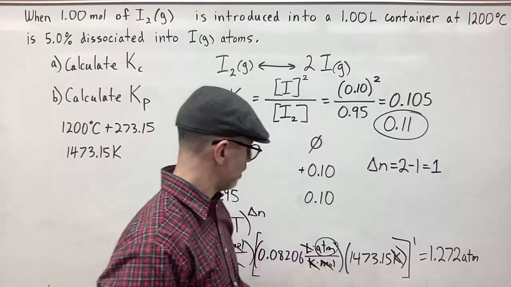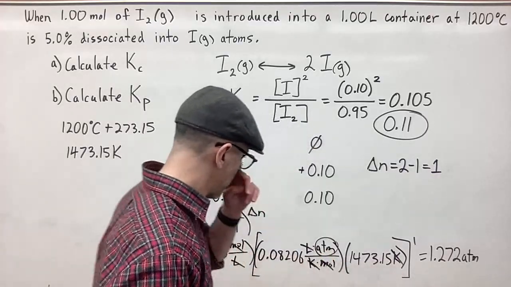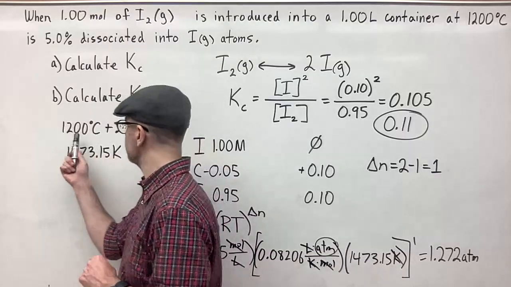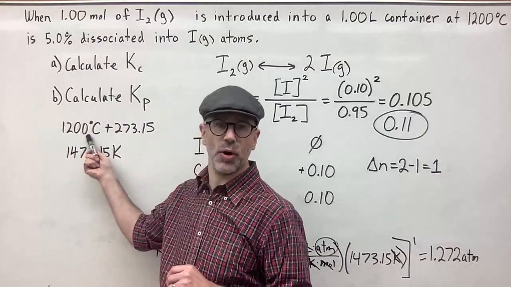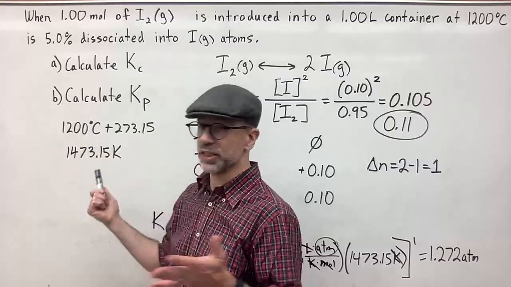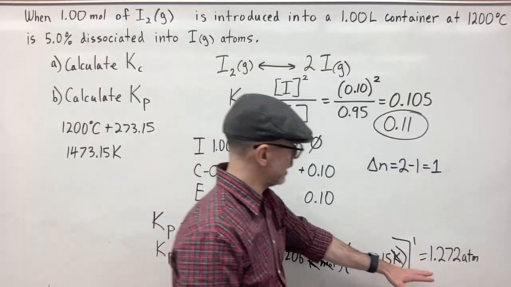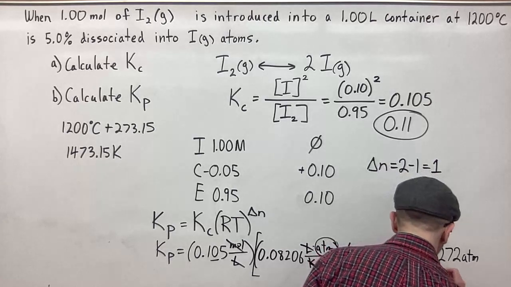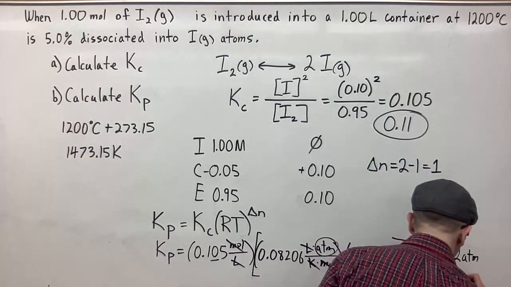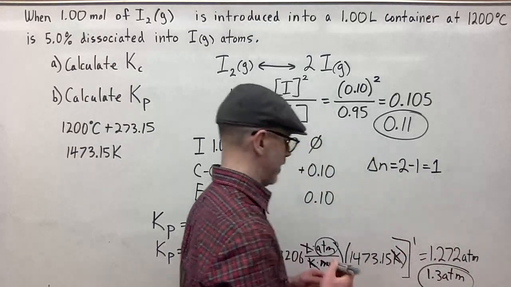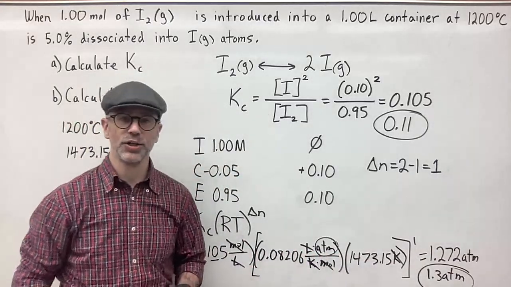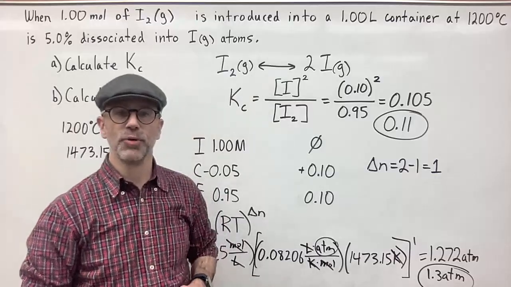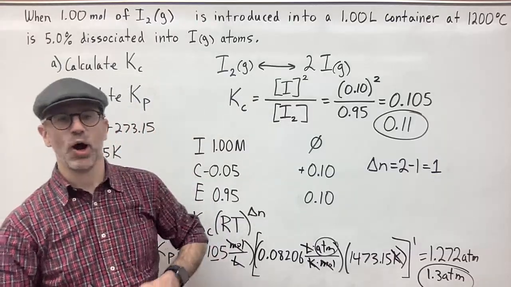Or if we look here, it's 2 sig figs because there's no decimal point there, so these zeros are not significant, so we have 2 there. So the final answer here should be 2 sig figs. So if we round, it should be 1.3 atmospheres, and so that is the Kp value for this equilibrium reaction here.